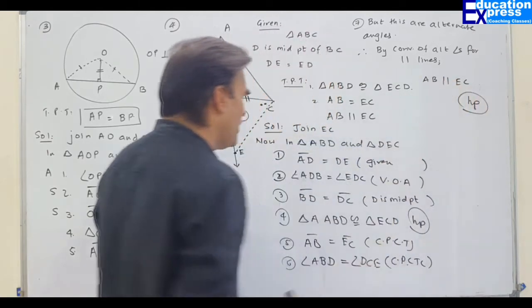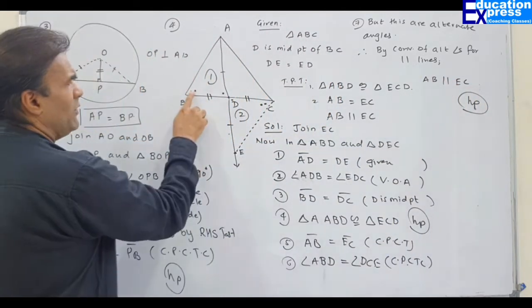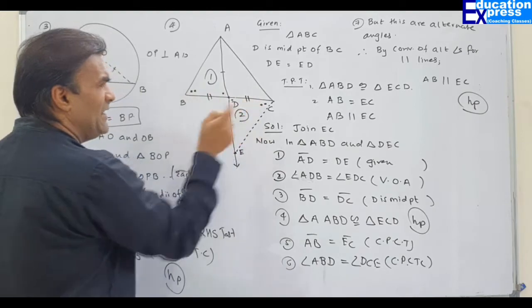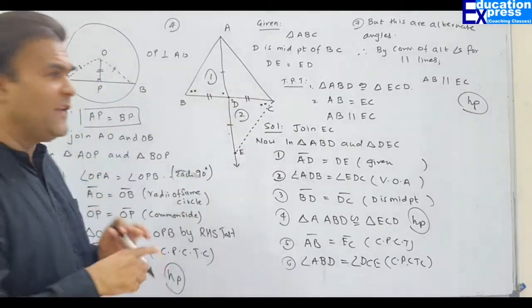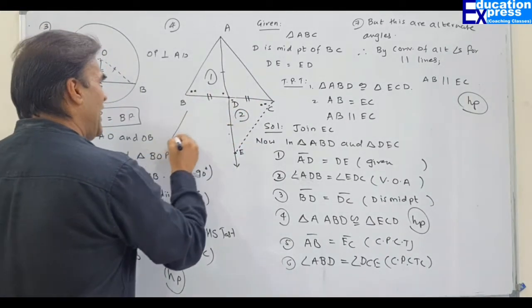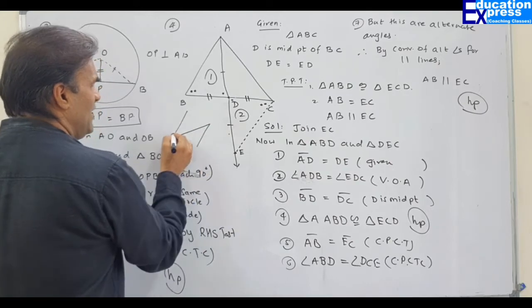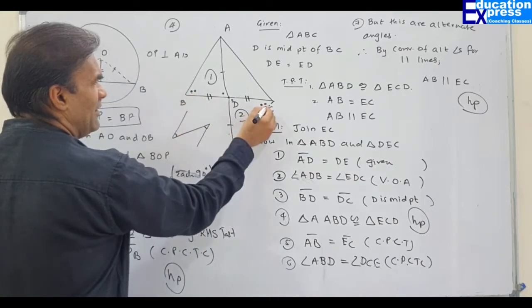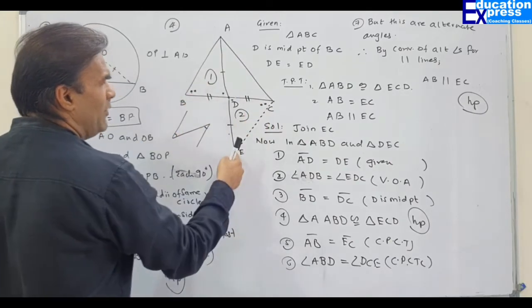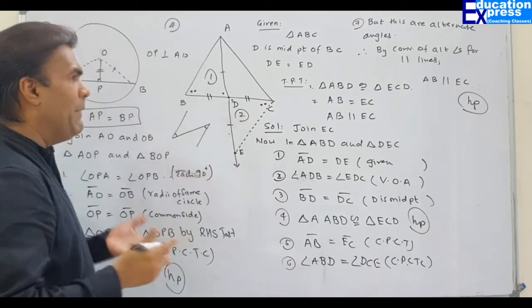Hence proved. So my dear friends, since we have proved that this angle is equal to this angle and these are alternate angles, remember I have told you a Z will be formed. So you see this angle is equal to this angle. A perfect Z is formed. Therefore the lines would be parallel.